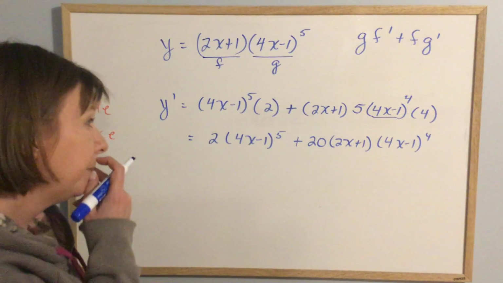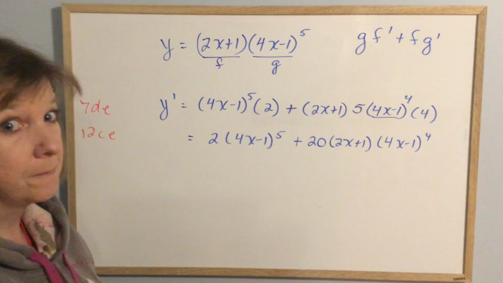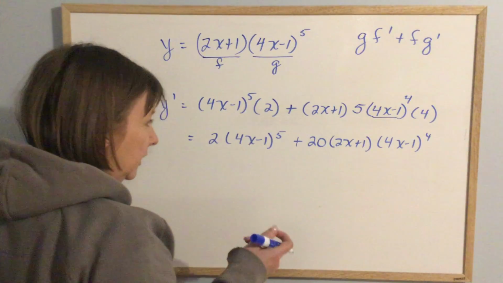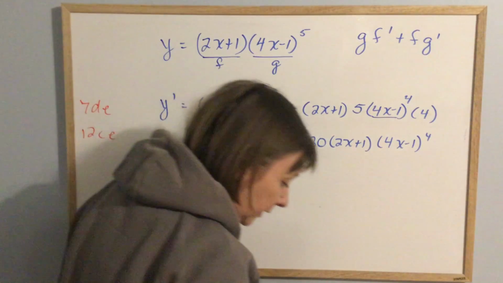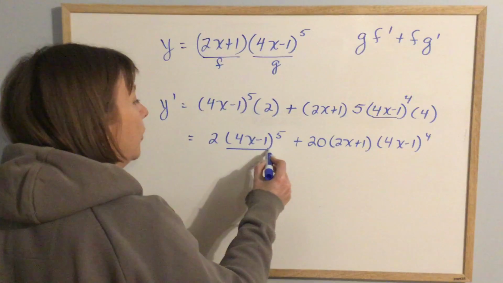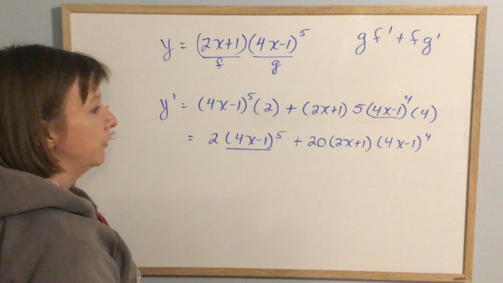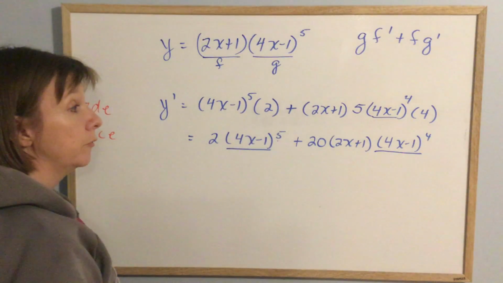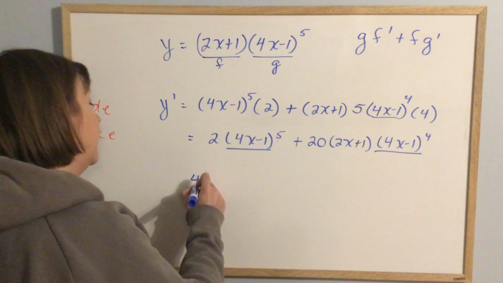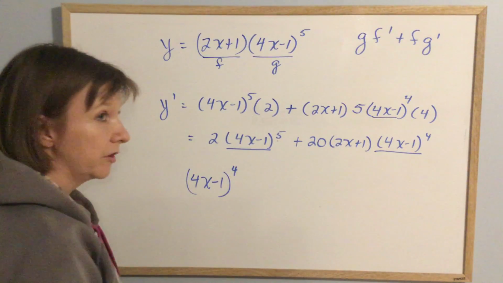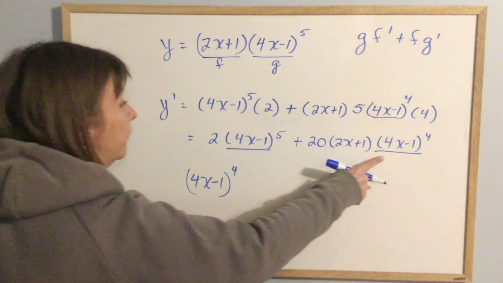So, here's what I would do with that. In this, I have 4x minus 1 5 times, and in this piece, I have 4x minus 1 4 times. I have 4x minus 1 at least 4 times in both of these.